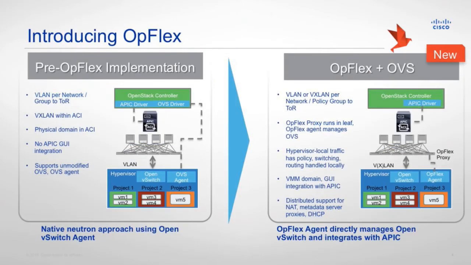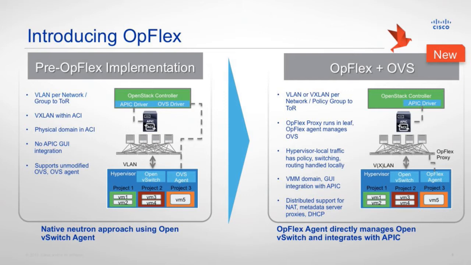Introducing OpFlex. OpFlex is a southbound protocol that allows you to seamlessly update things. Before OpFlex, we had to hook in our hypervisors, our servers, basically, as a physical domain. In the ACI world, that means while it works great, and of course we work with bare metal servers, we don't get the visibility from the APIC into things like VMs.